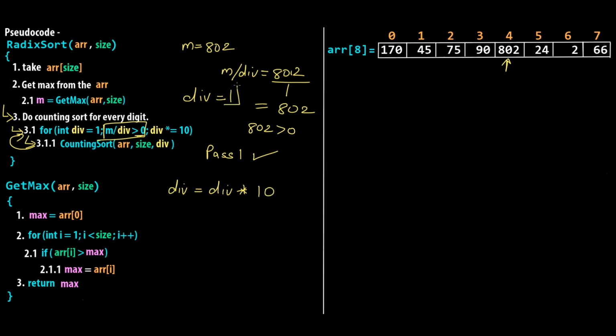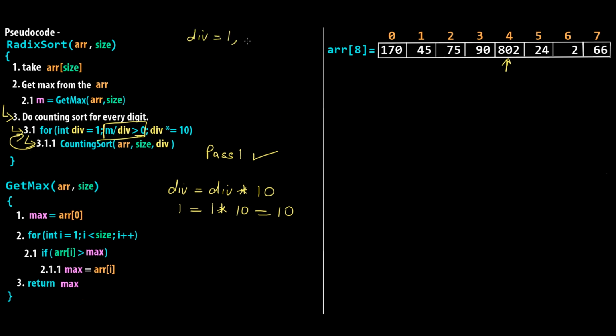So initially div was 1, so now it would be div equal to 1 star 10, which is going to be 10. So let me erase this and write everything properly. Initially div was 1. Now div has become 10. M is obviously going to be 802 only, right?